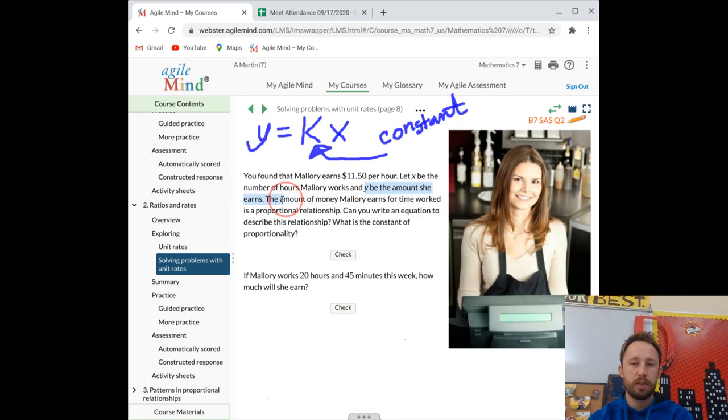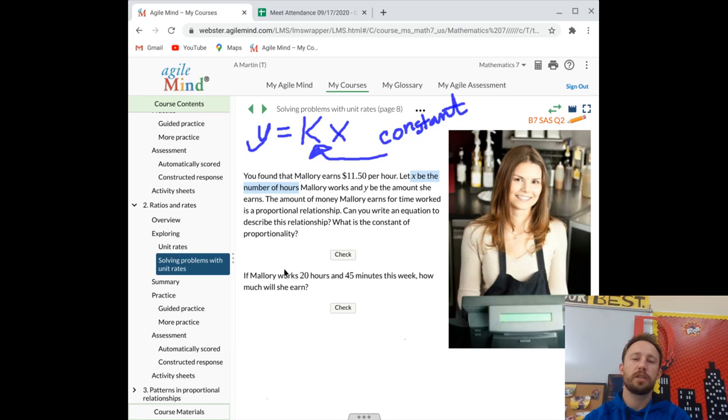All right, let's check this out. It says that y is what? The amount that she earns. Correct. And x is the what? Number of hours. Since y is the amount she earns and x is the number of hours she works, what is k? 11.5.